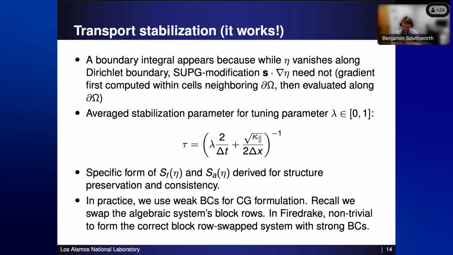And at least in Firedrake, I'm sorry, we're using Firedrake for this testing, but that's where Golo was working at the time, and it was easiest for him to implement things. It's non-trivial, and by that I mean we have no idea how to form the correct block row swap system with strong boundary conditions. Because as nice as UFL language is for finite elements, to get in and modify the matrices and the resulting system is a pain. So we will be moving to FEM at some point in the foreseeable future, and perhaps this will be easier to do in FEM.